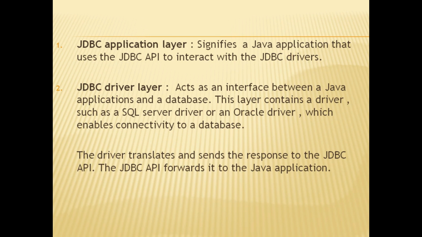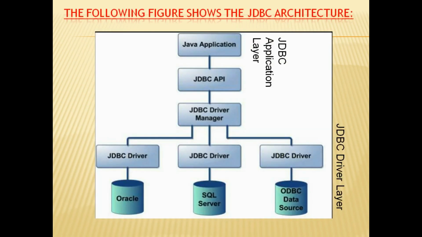Let's see how the JDBC architecture looks, then we will get an idea of what is meant by the JDBC application layer and the driver layer. The JDBC application layer has two things: the Java application and the JDBC API.